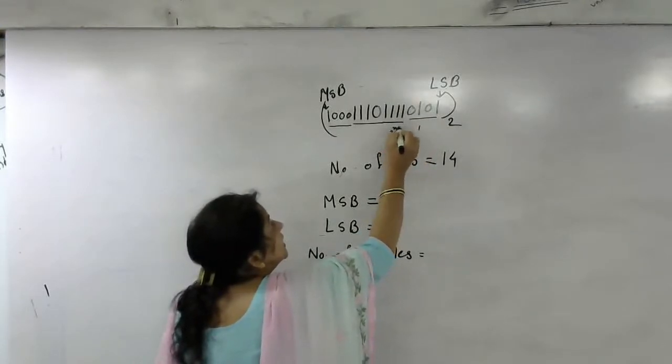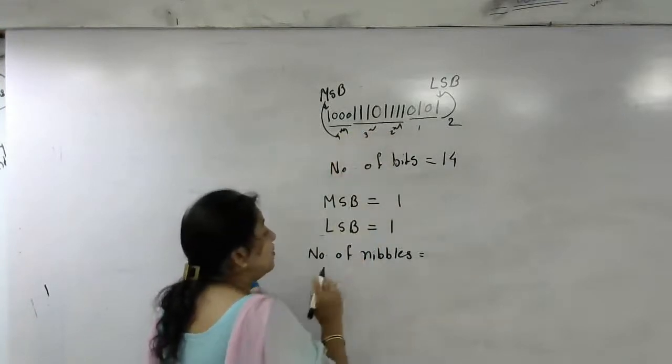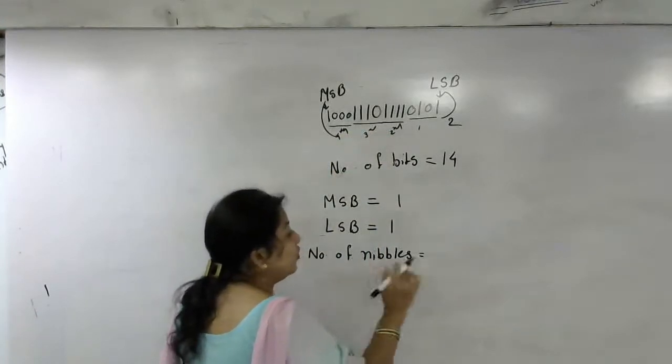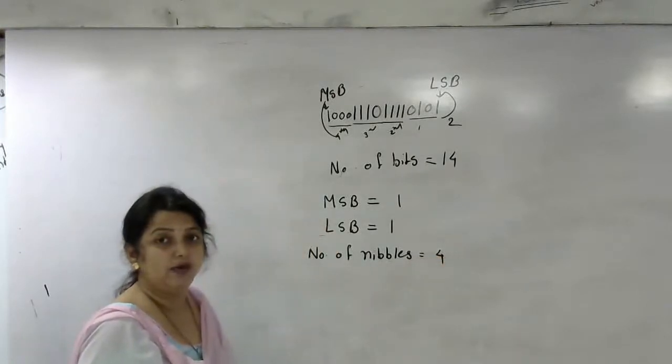First, second, third, and fourth. How many nibbles are present? Group of 4 bits. How many groups present? 4 groups are present. Okay.